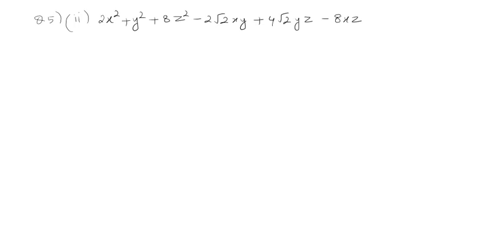So now what I'll do, I'll write the identity here because I want to tell you how it is done. If it is a square plus b square plus c square, then we have 2ab, then 2bc, then 2ca or ac, then we should be able to write a plus b plus c whole square.